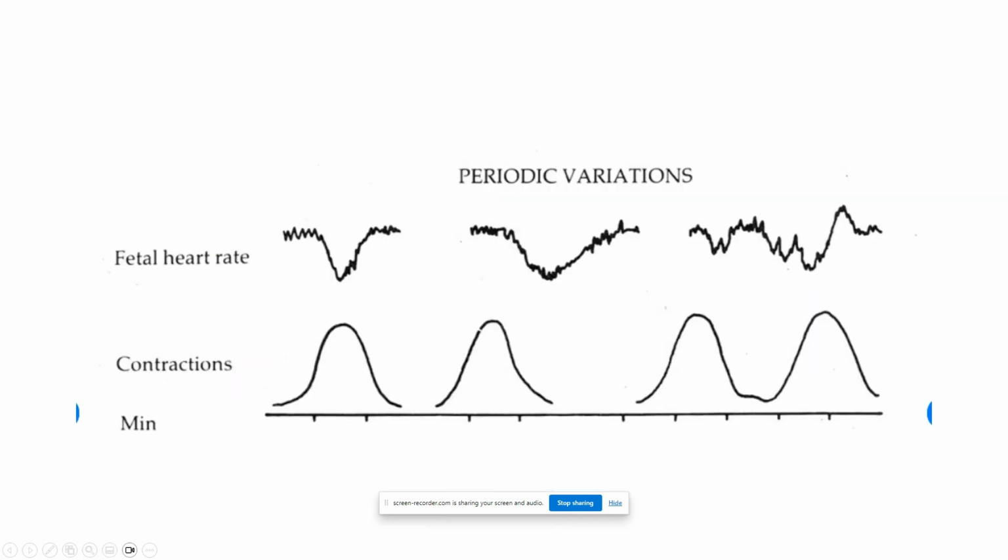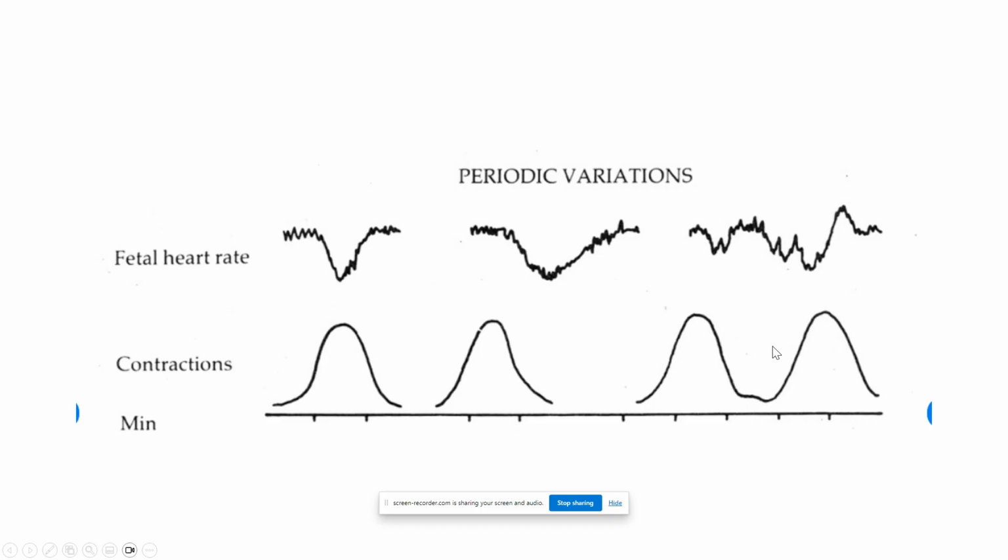All right, so moving on. Now, when we're talking about variability and decelerations, you need to know that there are three types of decelerations. We have early deceleration, which is the one right here. We have late deceleration, and then we have a variable deceleration.